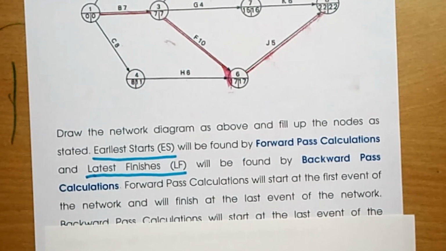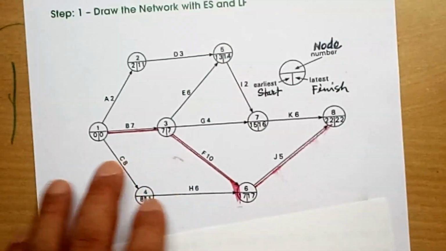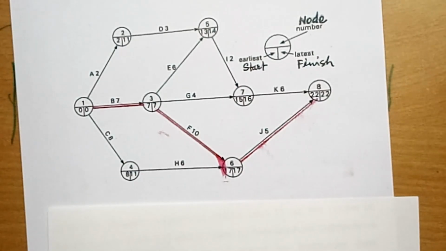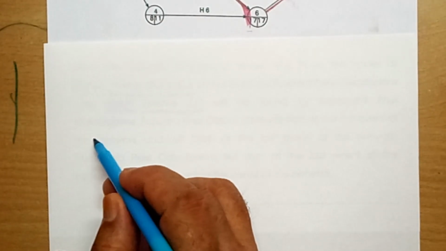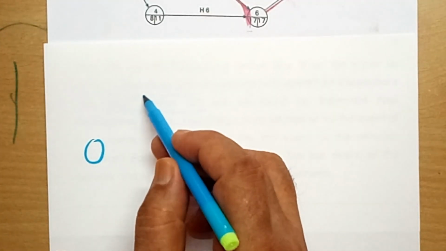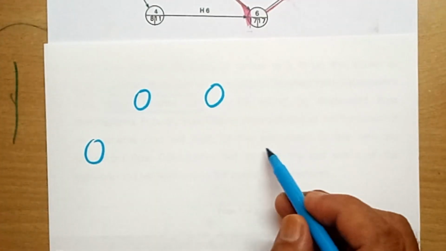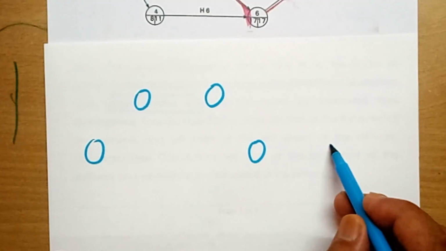Let us see in detail, a little bit in detail. So for that you have to draw this network diagram again. You have to reproduce this network diagram to understand this better, so let us draw. Just follow how I am drawing all these things.